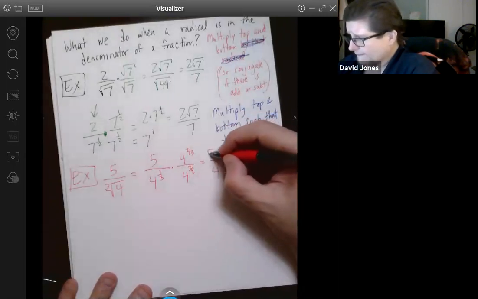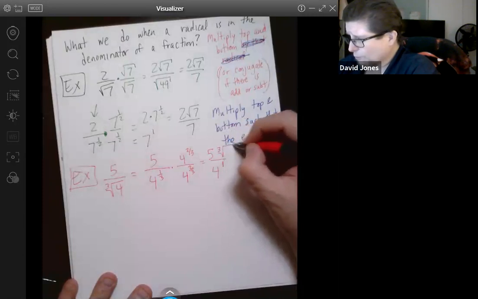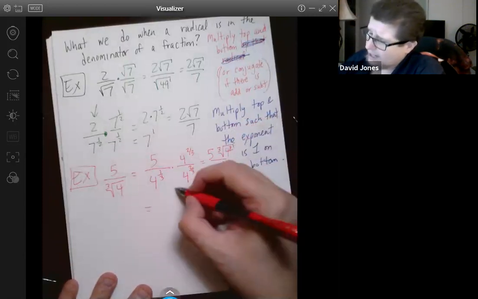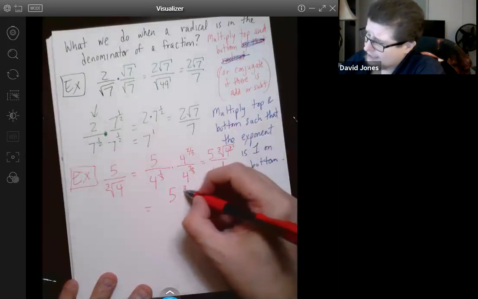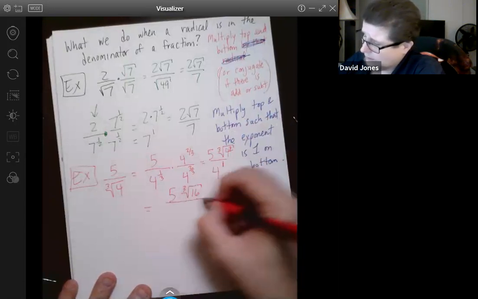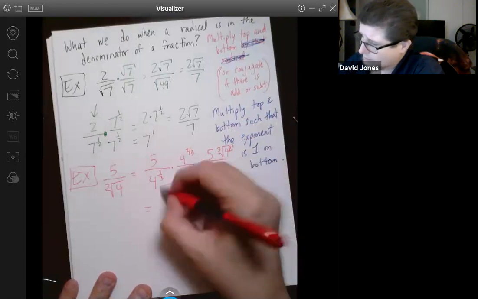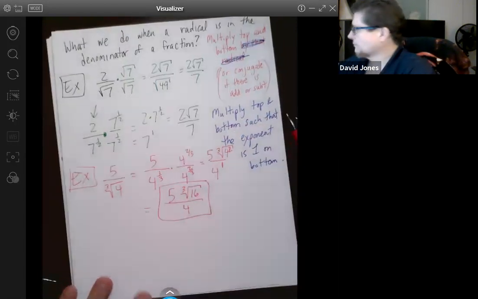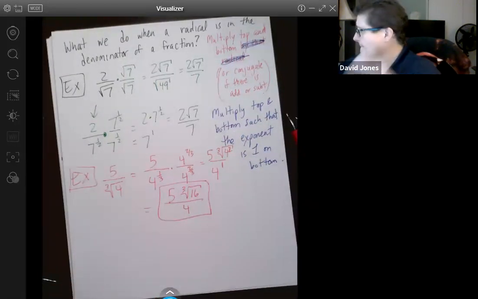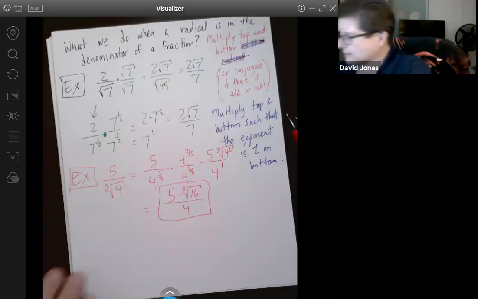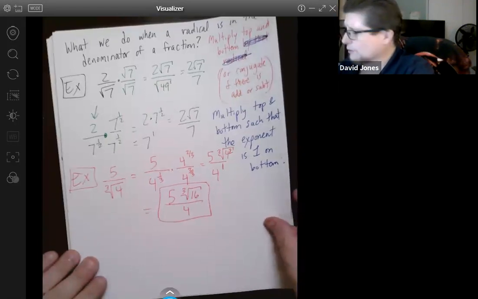So I've got 5 and then the cube root of 4 squared, which is 5 cube root of 16 over 4. We can make that a little bit uglier, put a radical on top.